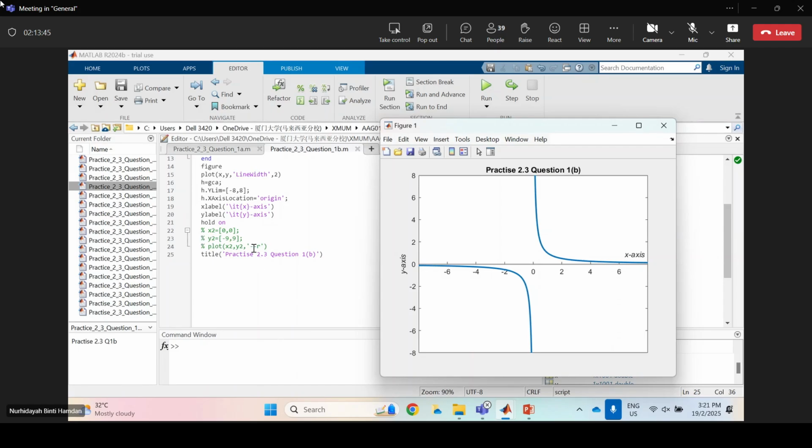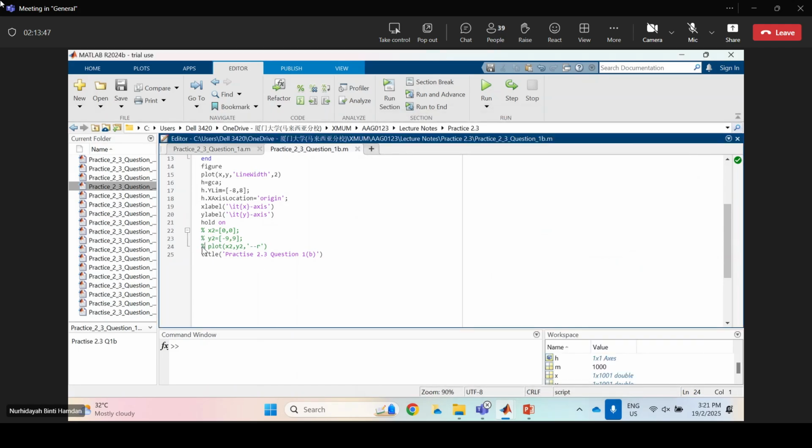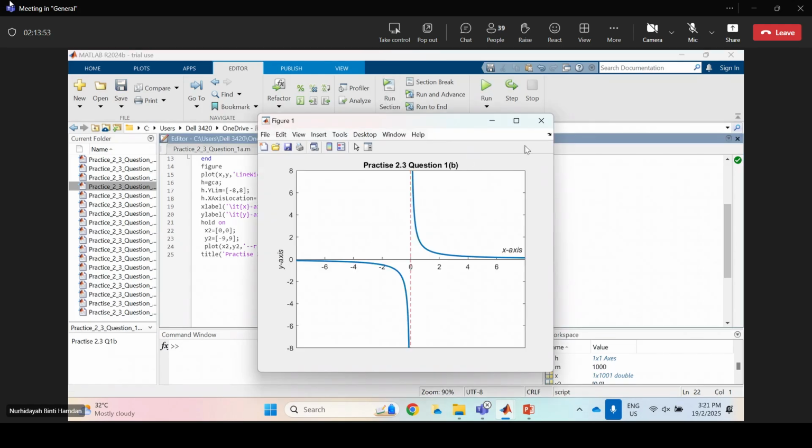I use dash dash r, then I plot it. Okay, this one is perfect. You can put text here, y is equal to 1 over x. You can put it by yourself, using text, then you can adjust the coordinate.